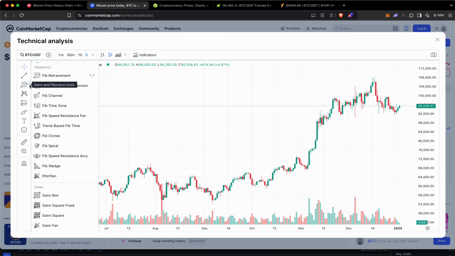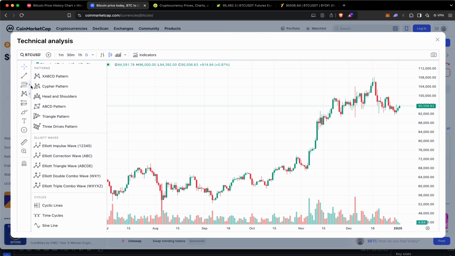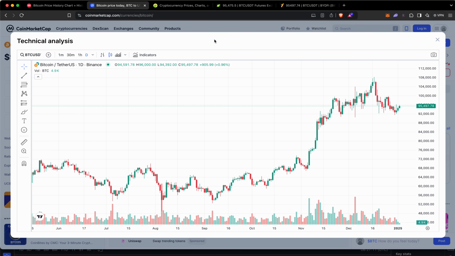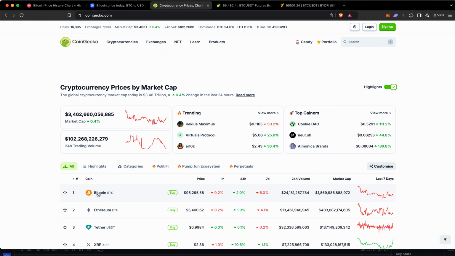The Fibonacci's are a good thing to learn about when looking at Bitcoin or whatever other crypto you're looking at, because it gives you an idea of where things could go. Let's see what else. Yeah, same thing on CoinGecko.